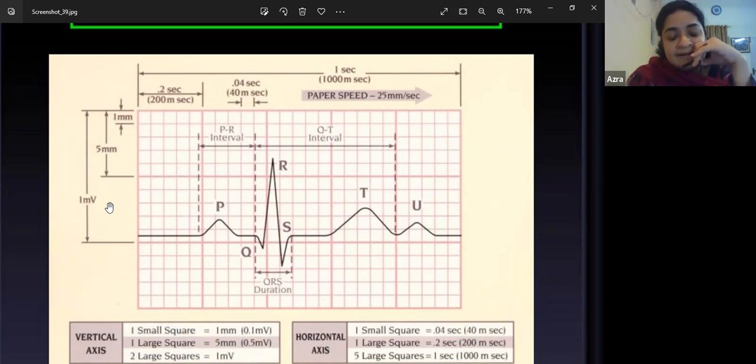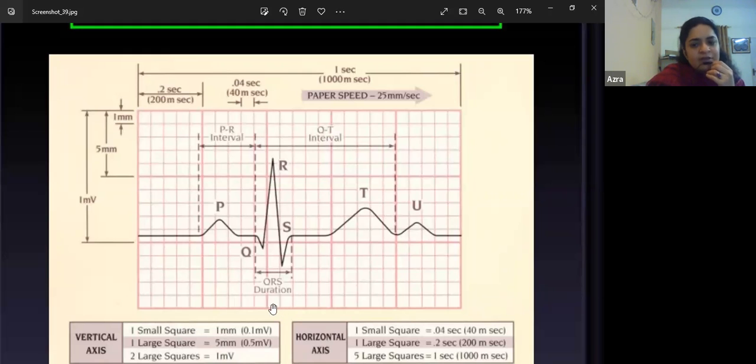I just want to explain that if you see the graph, always remember this side, whatever you print. When you print out from the machine, you will get something right down here and something right down here.